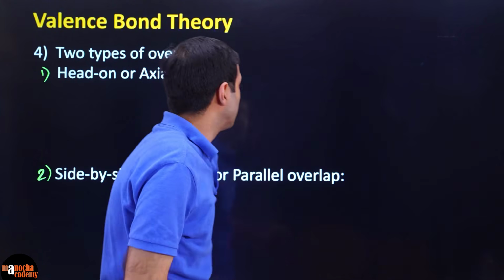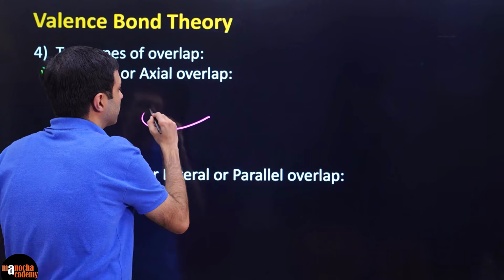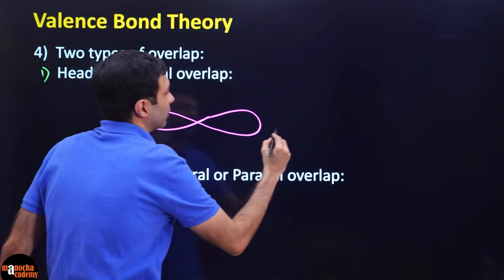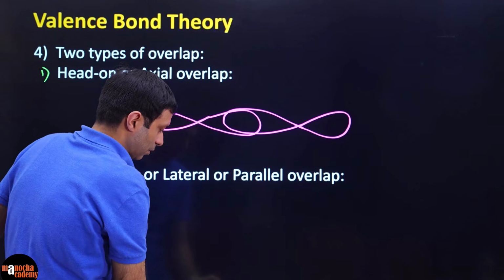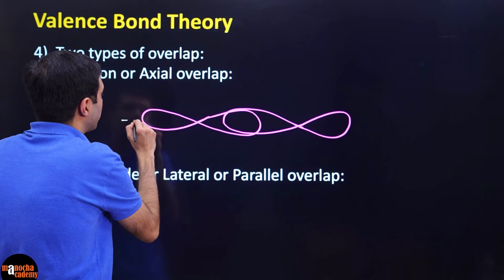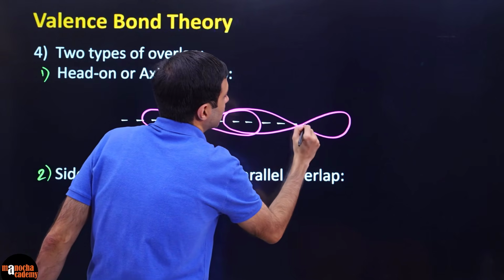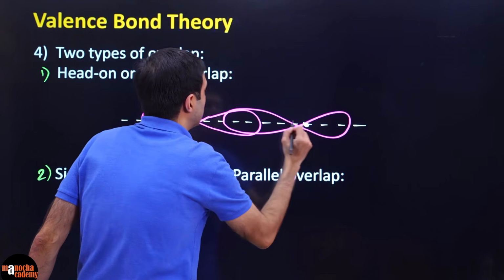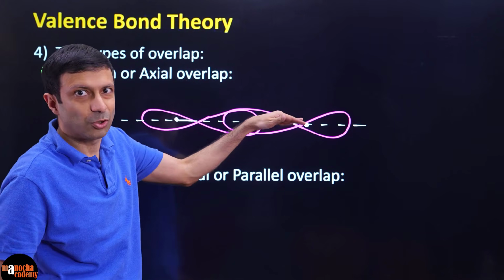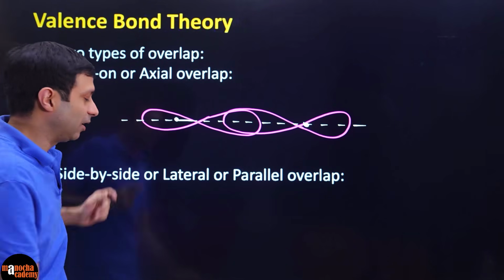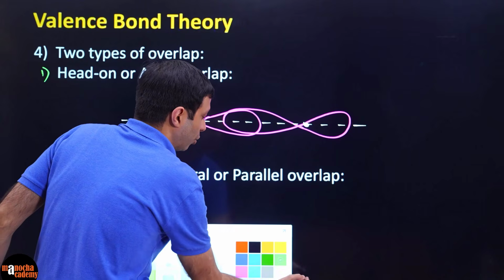So let's say you have the two p orbitals like this. If the overlap is along this axis, you can also call this the internuclear axis because the two nuclei of the atoms you can visualize lie on this. Then this is the axial or head-on overlap.